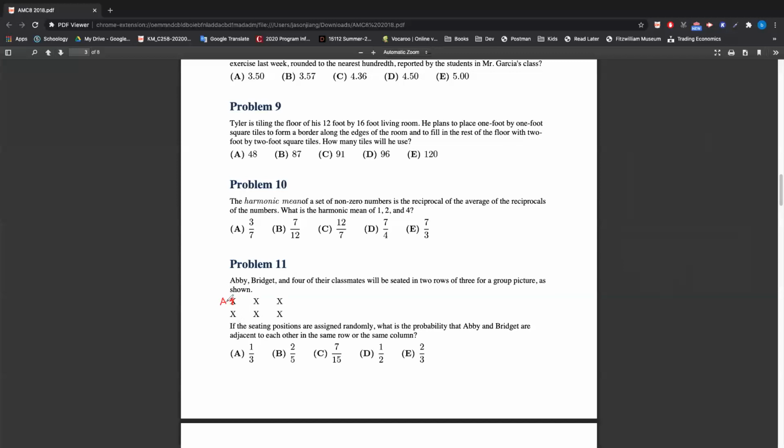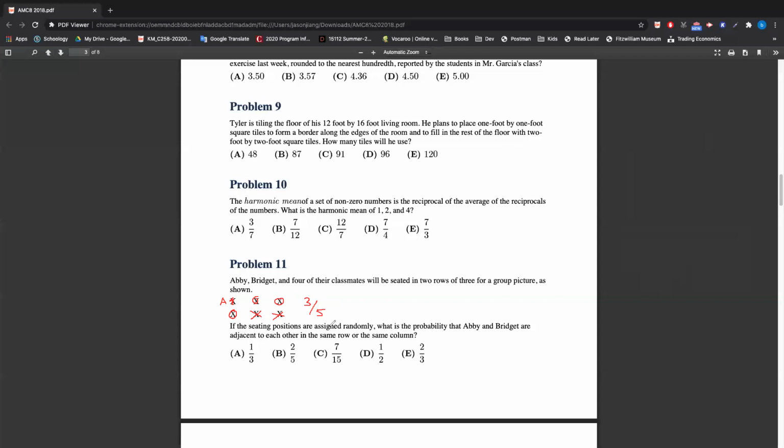And we want the probability that Bridget would be in the same row or the same column. Well, there are 3 spots where Bridget could be, such that they were in the same row or column, as well as 2 spots that would not work. So that would be a probability of 3/5.